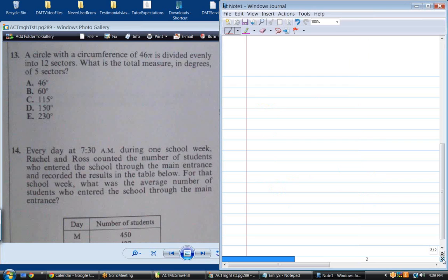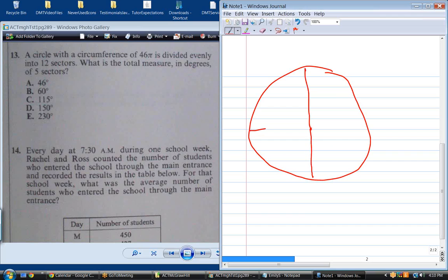Well, this is another interesting problem in that they've given us some information that is completely unnecessary. It's divided into 12 equal sectors. Well, a sector is this thing here. So if I divide each one into 3, I'll have 12 equal sectors.